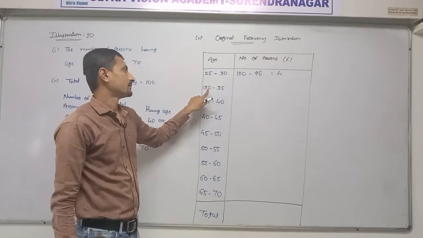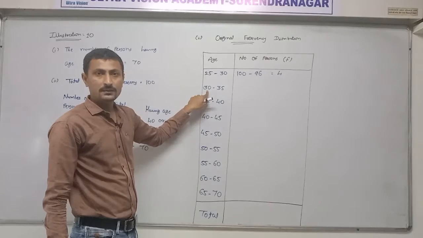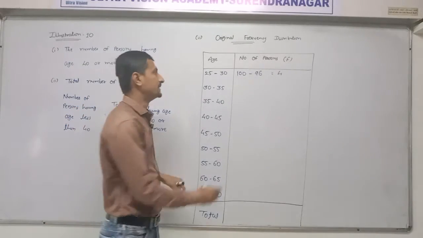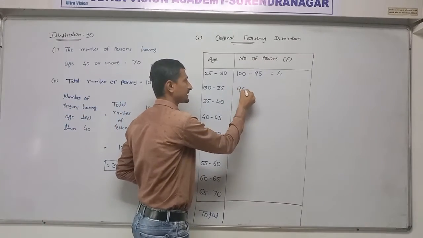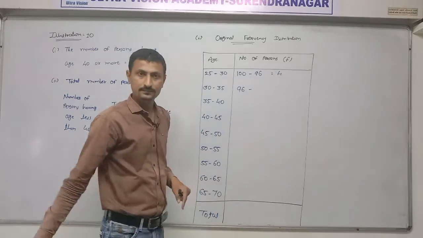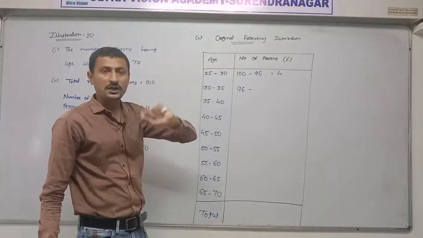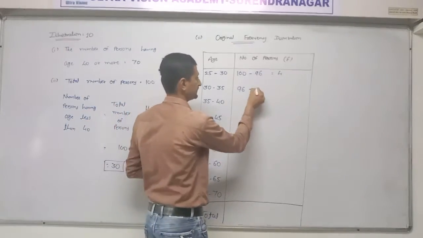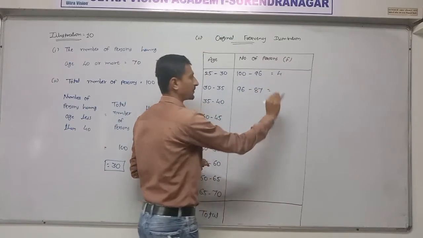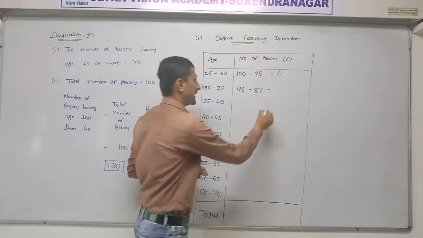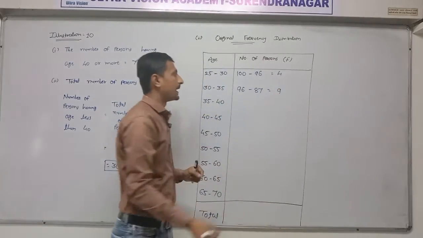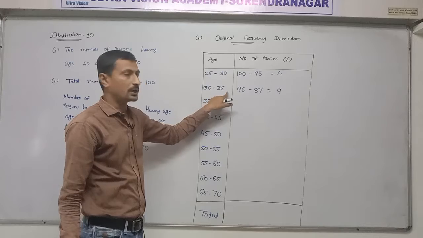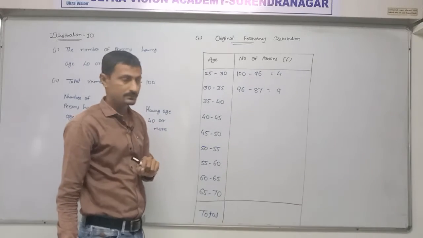Next, age 30 or more, number of persons 96, minus having age 35 or more, which is 87. Find the difference: 9 persons having age between 30 to 35.